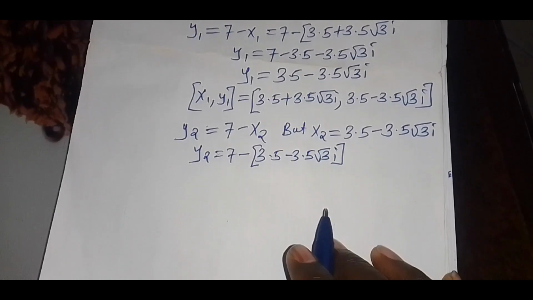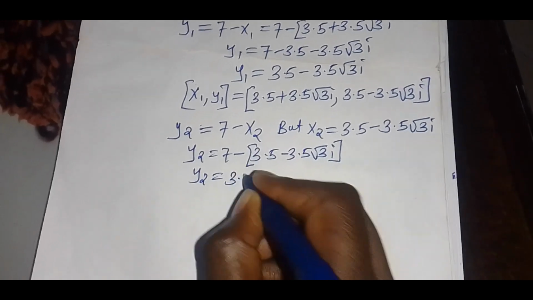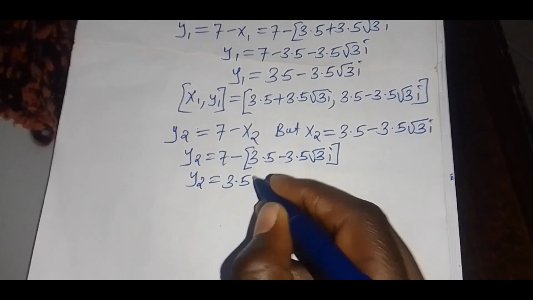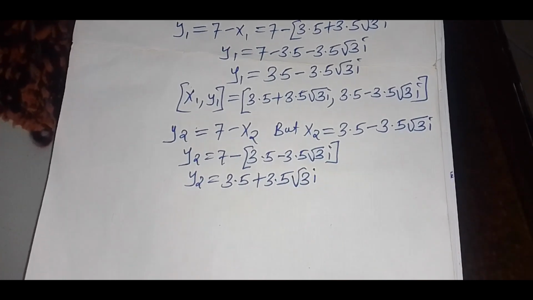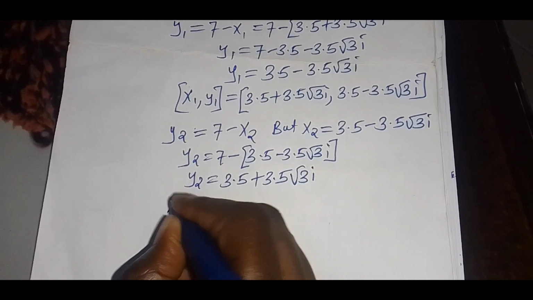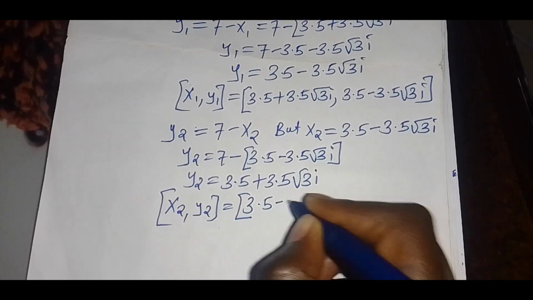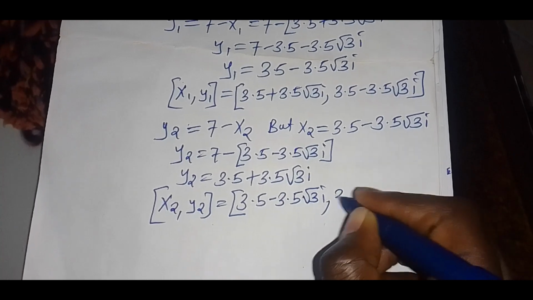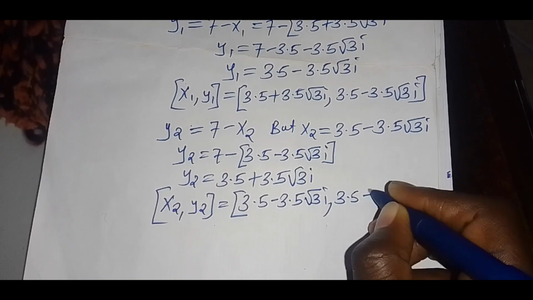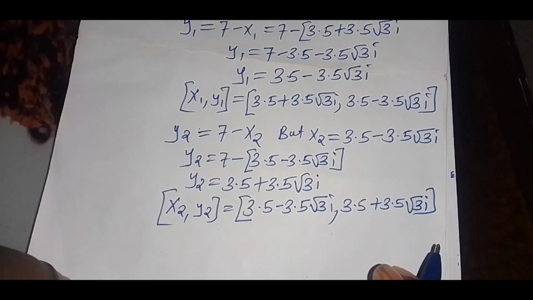So y2 is equal to 7 minus 3.5, which is 3.5, negative times negative is plus 3.5 square root of 3i. That is our y2. So x2, y2 is equal to 3.5 minus 3.5 square root of 3i, then 3.5 plus 3.5 square root of 3i, and that's x2 and y2.